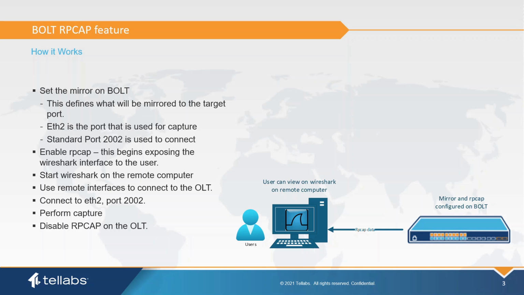So you'll be able to view in real time Wireshark captures that are coming from Bolt and are sending to you traffic that you specified using the port mirror function. So this is a very powerful function, which is really nice for looking at real-time captures.